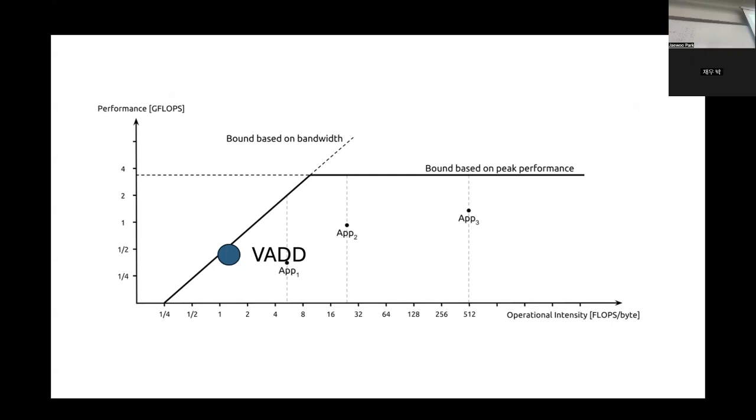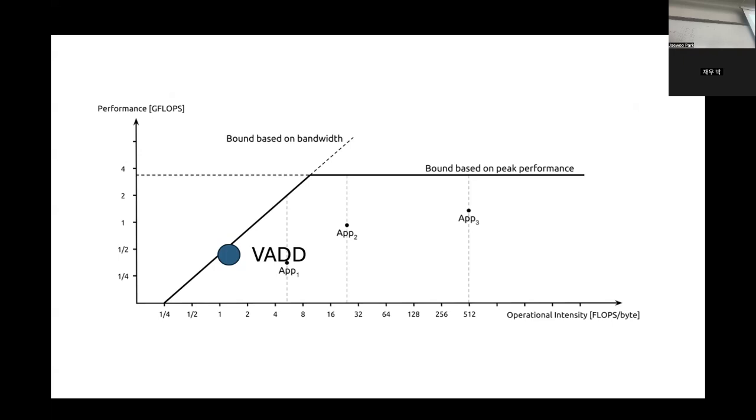In applications where you have higher arithmetic intensity, it is very likely to be compute bound. In that case, you don't have to worry about memory too much. But since we are doing vector add and saxpy operations, we are not utilizing the peak performance.